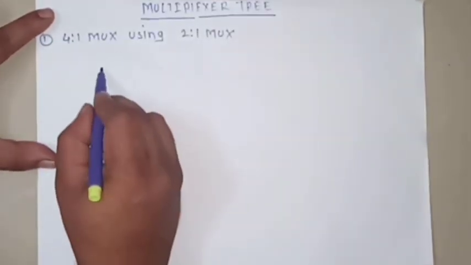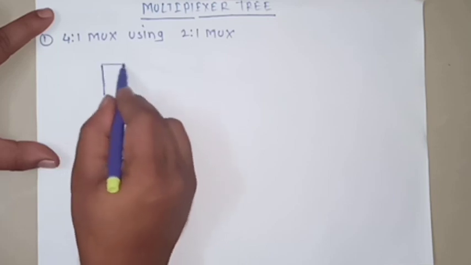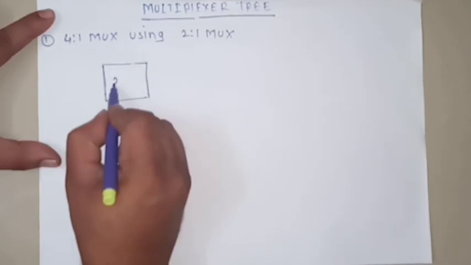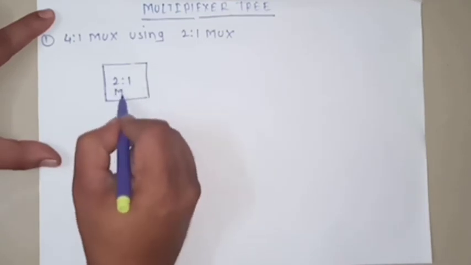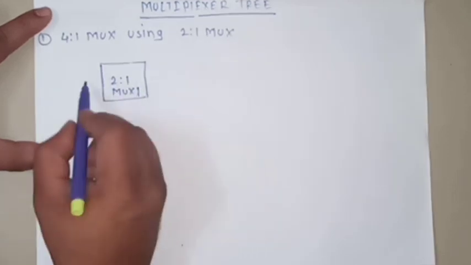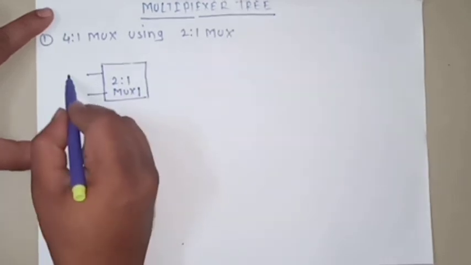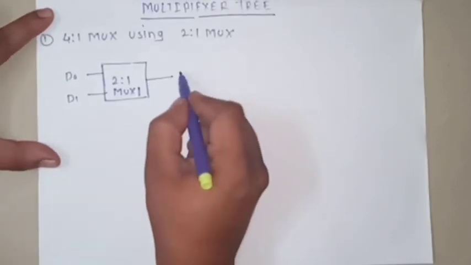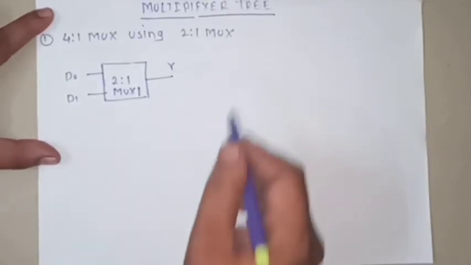I will draw the 2:1 multiplexer first. This is the first 2:1 mux, numbered 1. Two inputs are there, D0 and D1, and this is Y.